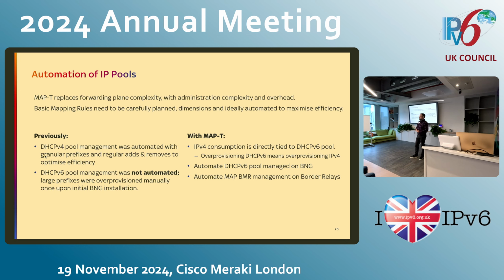If we were to do that in the MAP-T world, then we'd be burning a whole bunch of IPv4 addresses that we can't afford to do. So we've had to make our DHCP-v6 pools much smaller and granular now because that's a fixed sharing ratio to v4, and that kind of requires automation now so that we get the efficiencies we require.